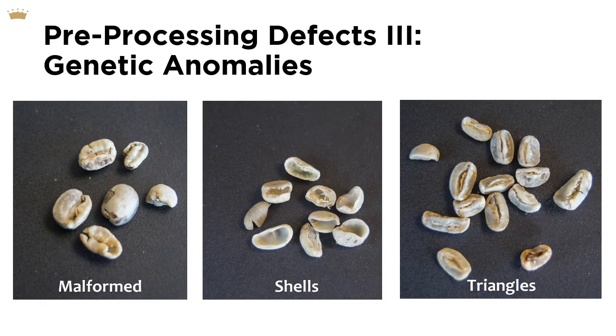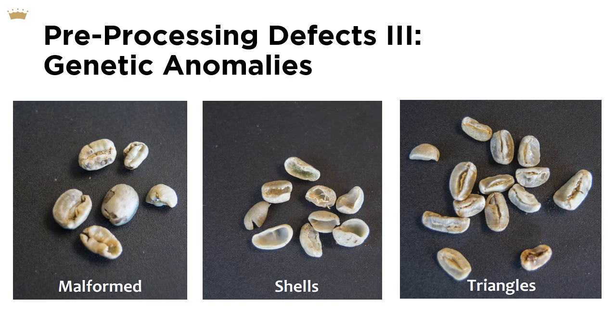Aside from Quakers, arguably the most common pre-processing flaws in green coffee tend to be genetic or developmental defects. Genetic flaws take the form of pea berries, shells, sometimes called elephant ears, don't confuse that with the oversized elephant beans, and triangular or tricorner seeds. It's possible that the variety of coffee may have an effect on the frequency of genetic flaws.